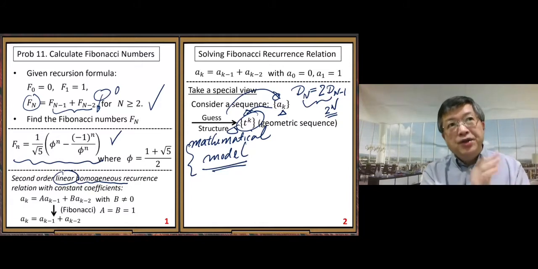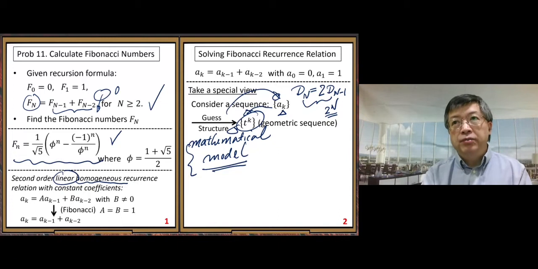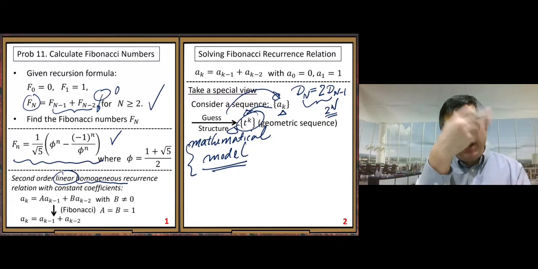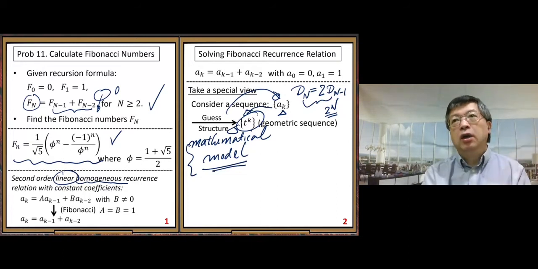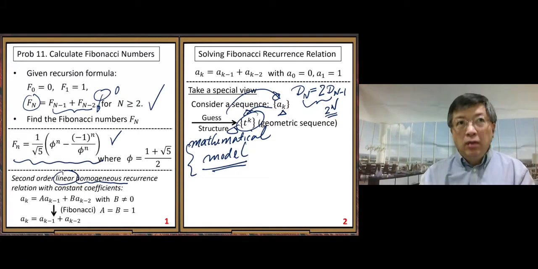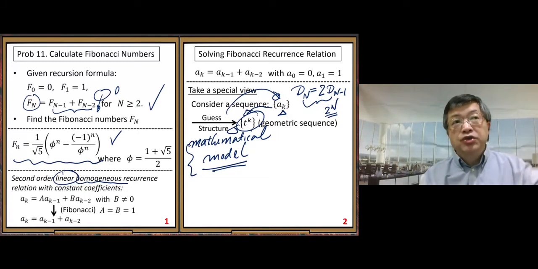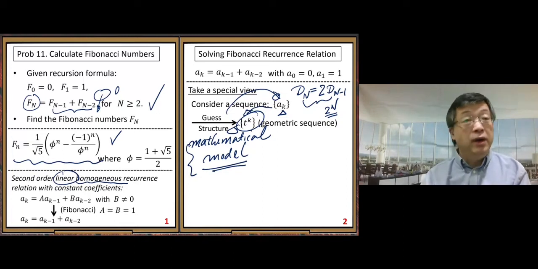The reason I use this mathematical model view is that if you choose the right model, the model can reflect your problem well, or your problem fits your model structure well, then you can solve the problem. But it's also possible you choose the wrong model for your problem. That's very likely.